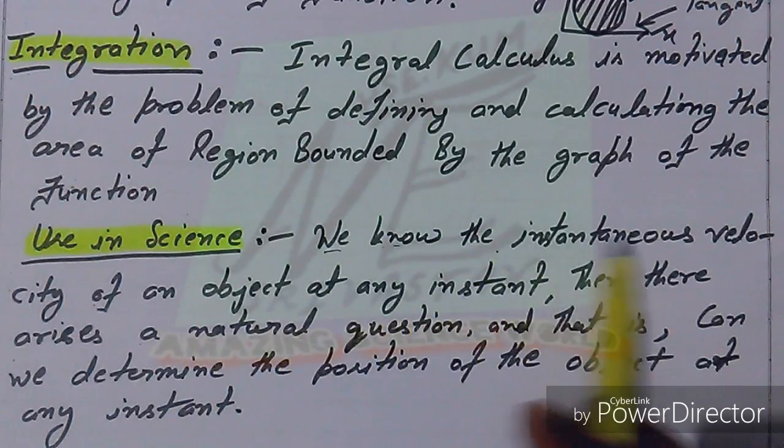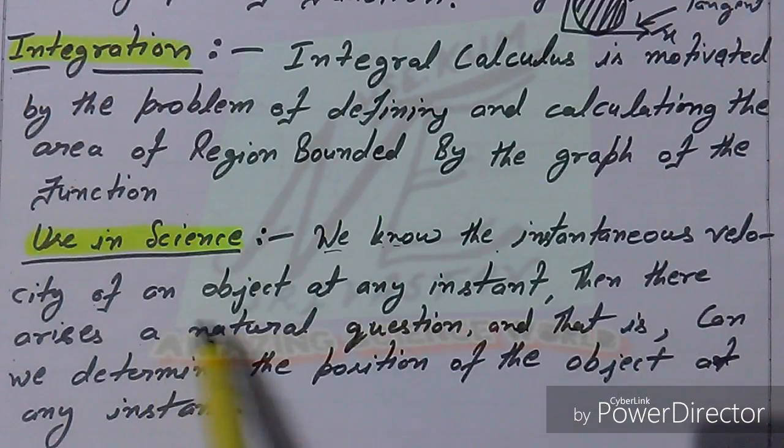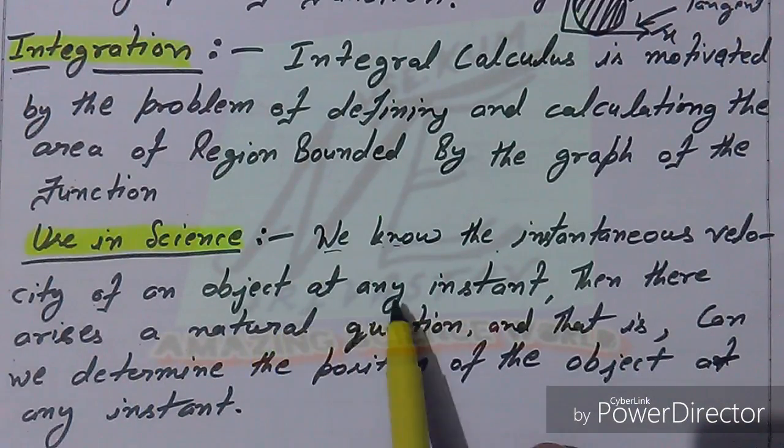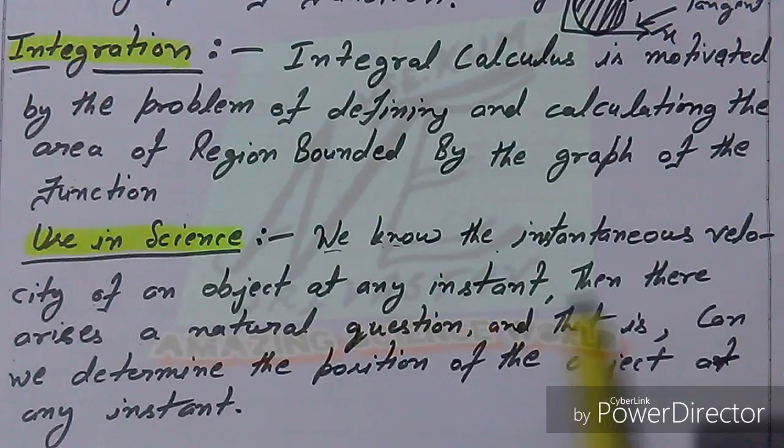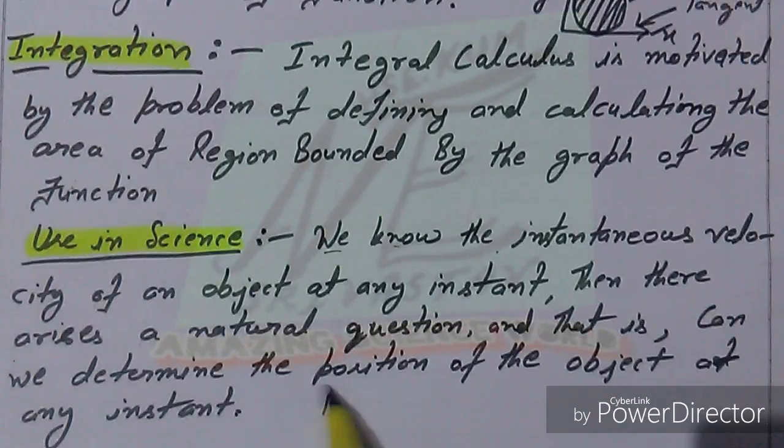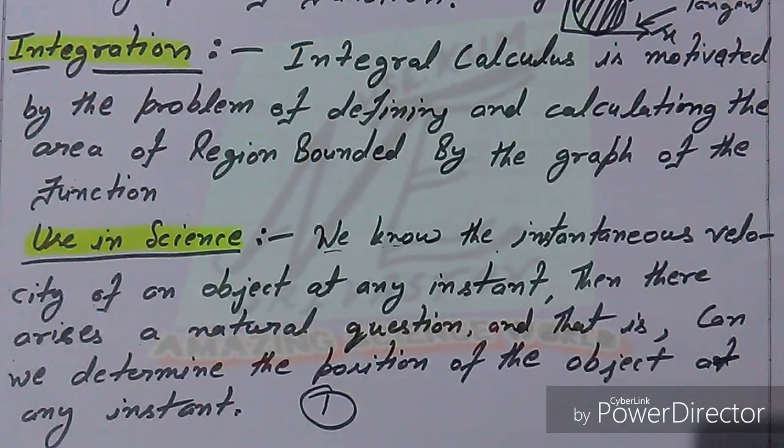We know the instantaneous velocity of an object at any instant, then a natural question arises: can we determine the position of the object at any instant? Okay my friends, that is just one question, and many such questions arise in science, where we use integral equations.